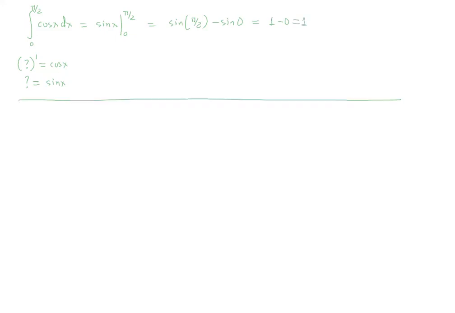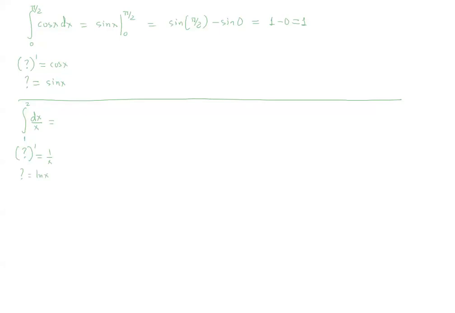Or let's do another simple example. Let's say we want to find the integral of dx over x. When I write dx over x, that means 1 over x times dx from, let's say, 1 to 2. Again, I'm going to ask the antiderivative of what function is 1 over x, and the answer is certainly ln of x.